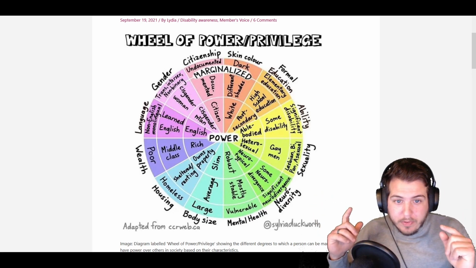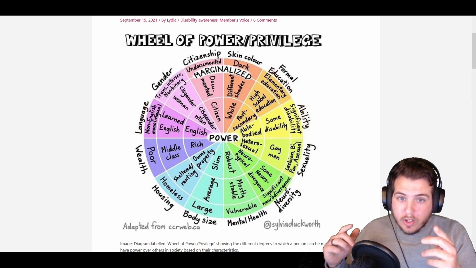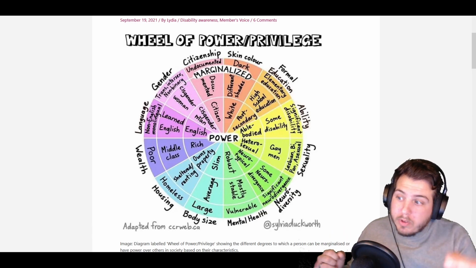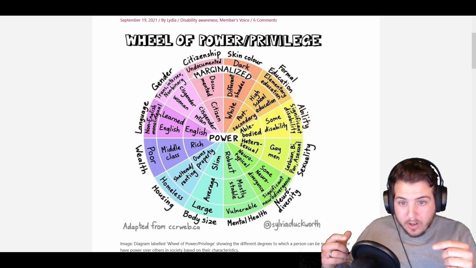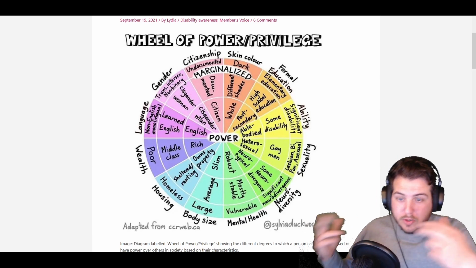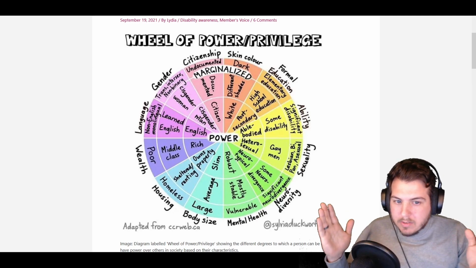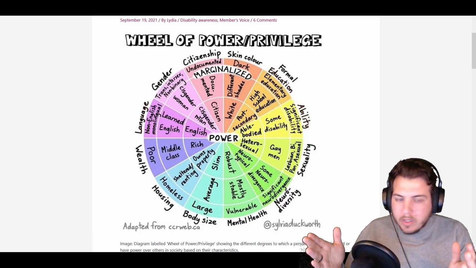Or having all those, and then instead of trans, you're intersex, the person who's not intersex, who's trans, has more privilege than you, so you're even more oppressed? Or the trans and the intersex are more privileged than you because you're non-binary. Like, do you see how in the weeds this gets for no legitimate reason? Who cares about any of this?